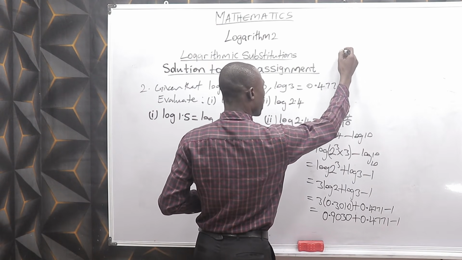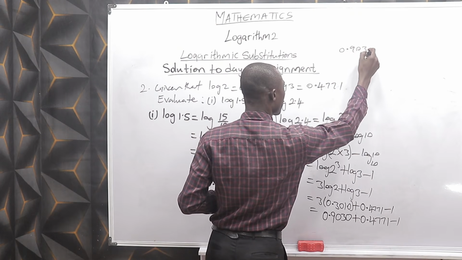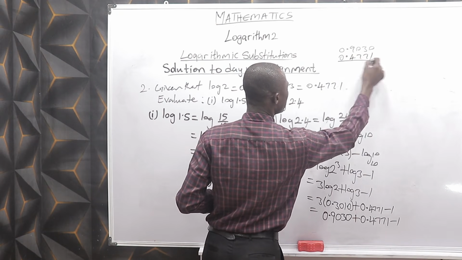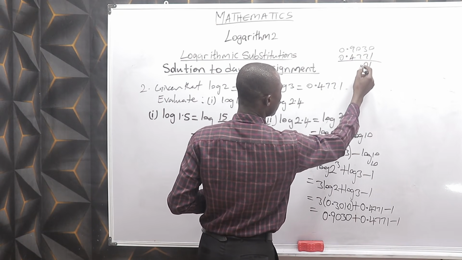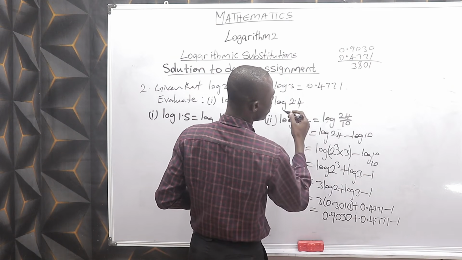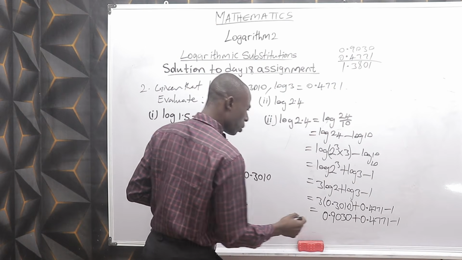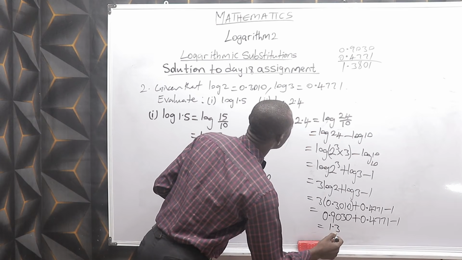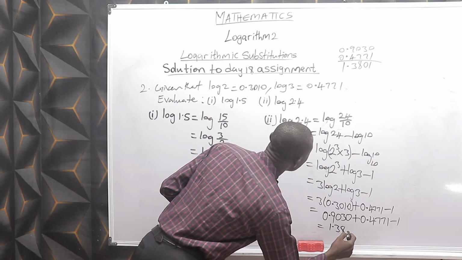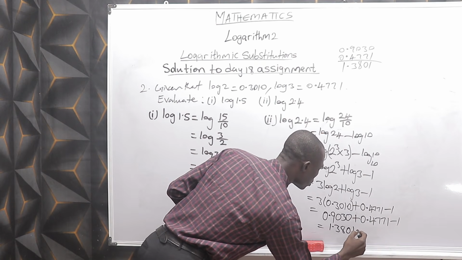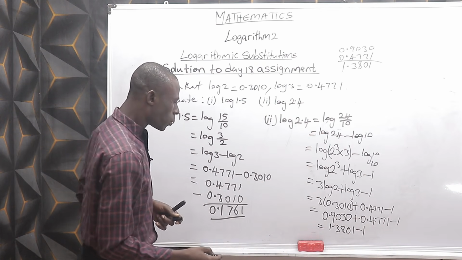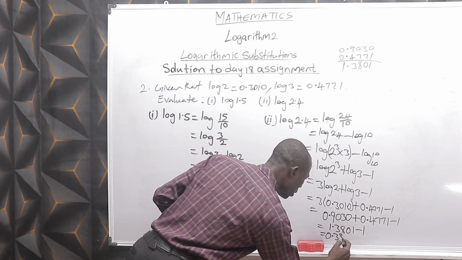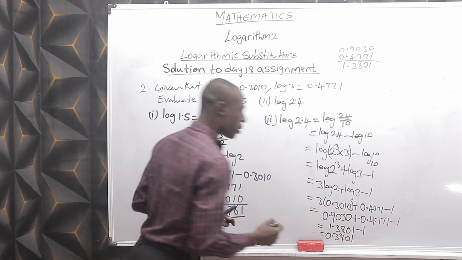I use the space up here for the addition. 0.9030 plus 0.4771 gives 1.3801. Minus 1. Subtracting 1 from this, the answer is 0.3801. That is the final answer.